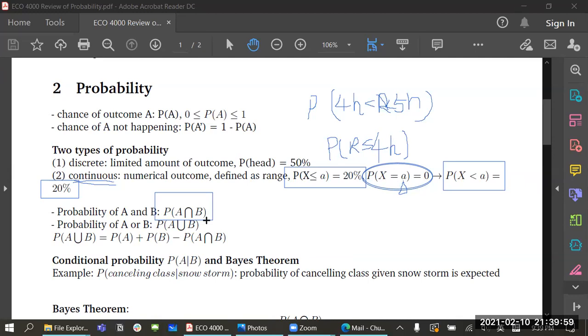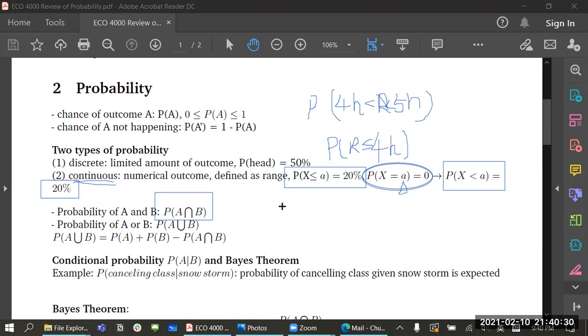Okay, A happened, B also happened. The second one is called probability A or B. It can be both A and B happened, or A happened but B does not, or B happened but A does not. And there is a formula between them: probability A or B equals probability A plus probability B minus probability A and B.